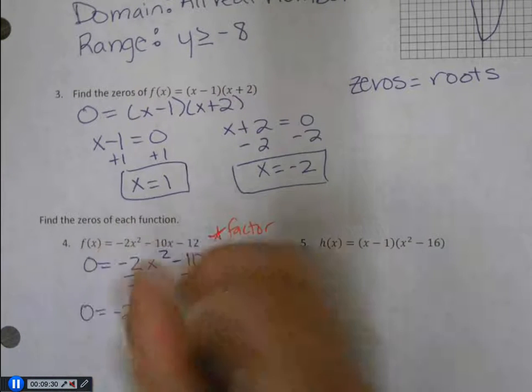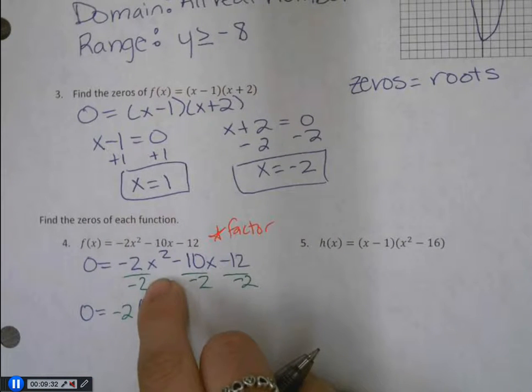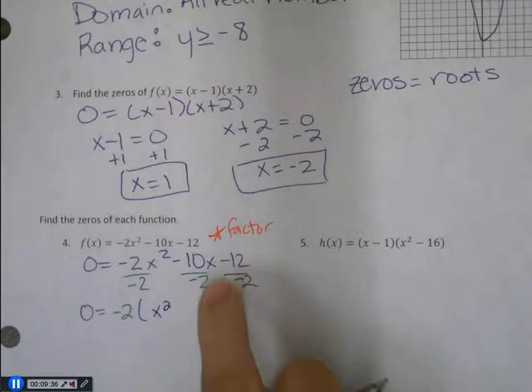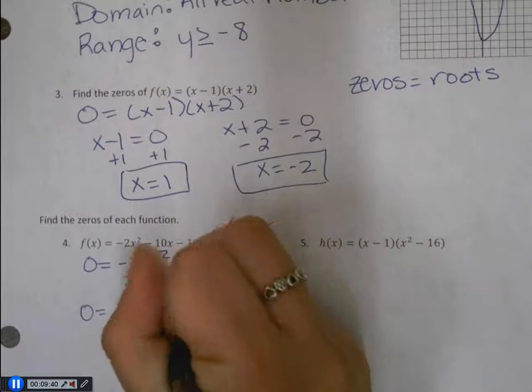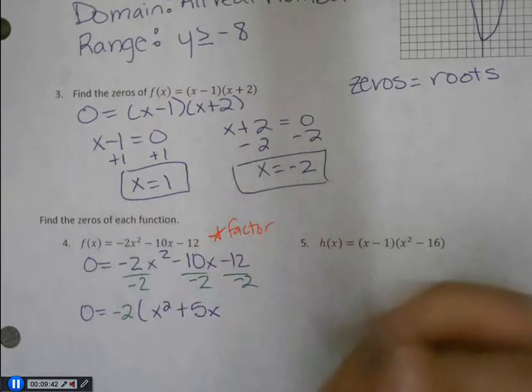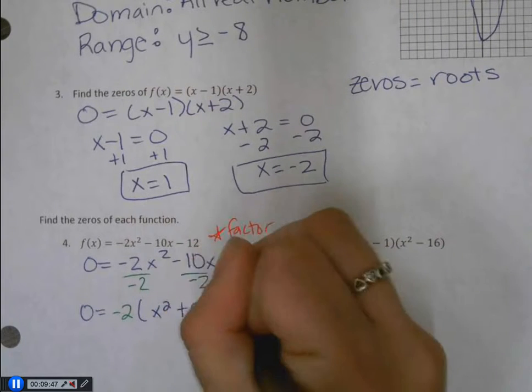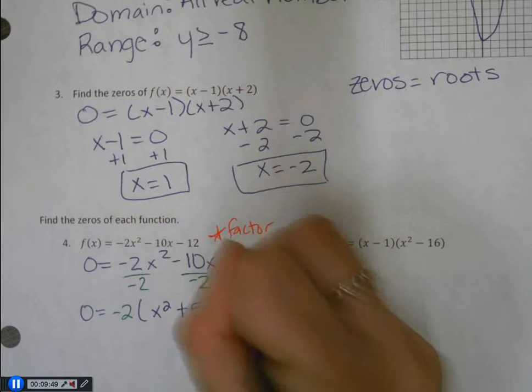So if I divide them, -2x squared divided by -2 is x squared. -10x divided by -2 is 5. And then -12 divided by -2 is 6.